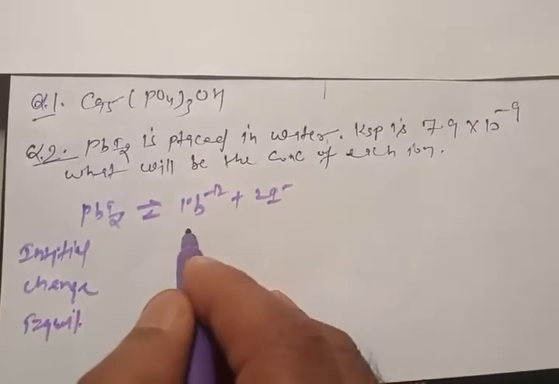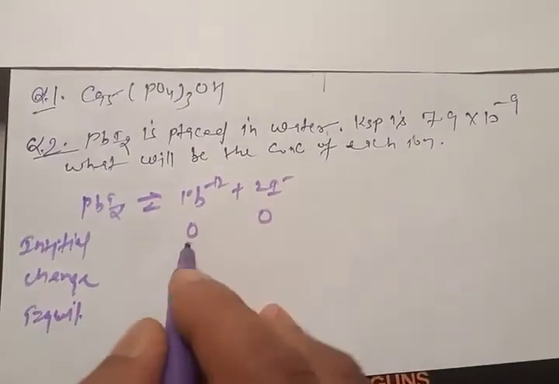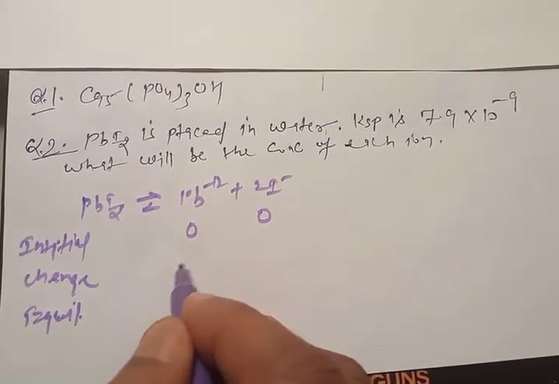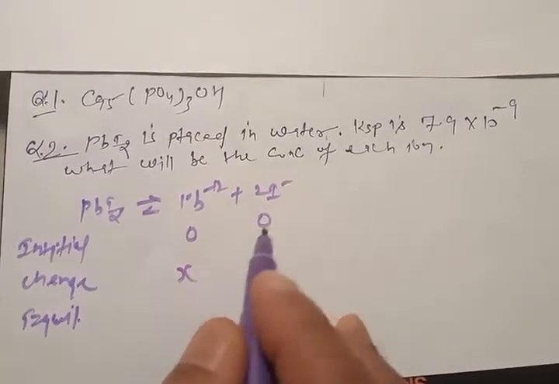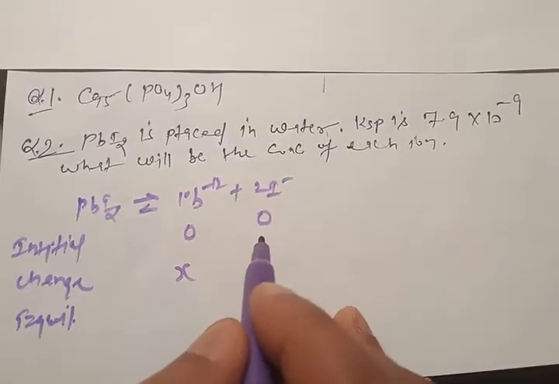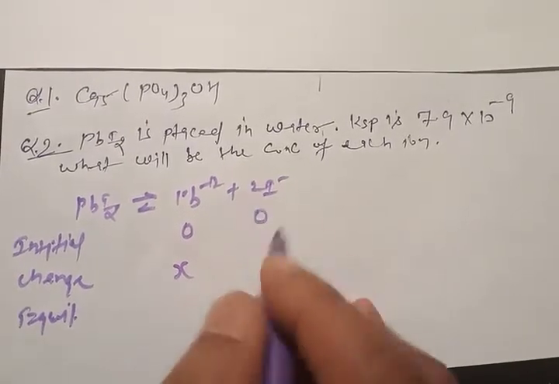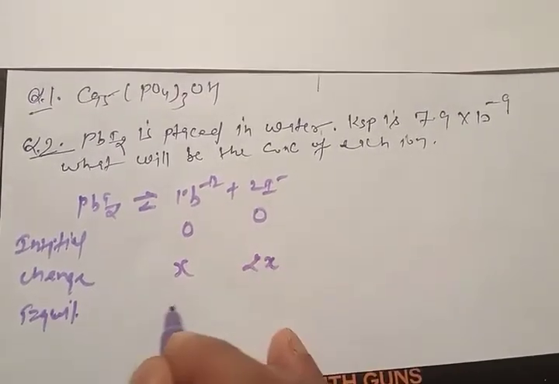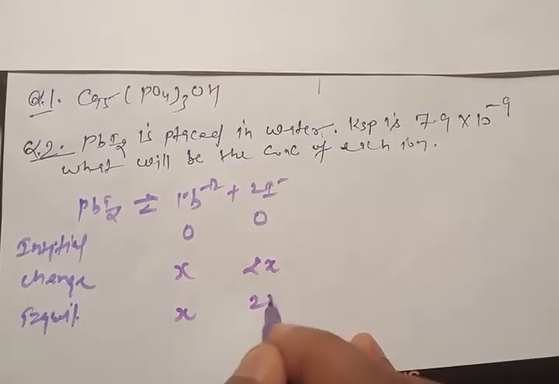Okay, so here the value will be 0 and 0. Here we have no idea, so we'll write x. Here you should remember, this is what you need to understand. Here we have 2 coefficients, so this will be 2x, and this is again x and 2x.